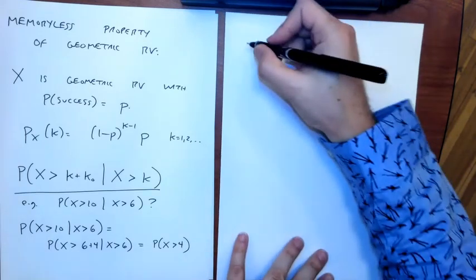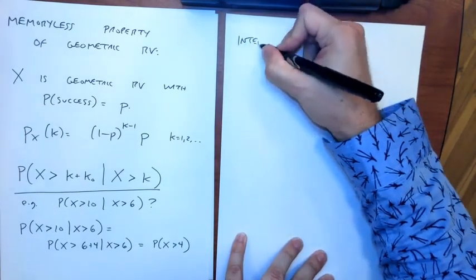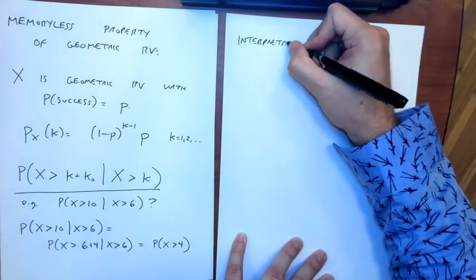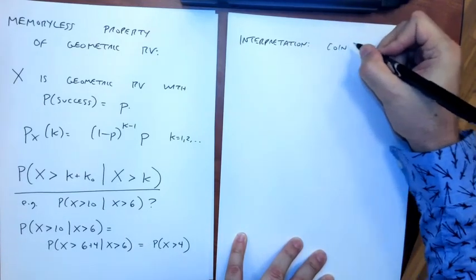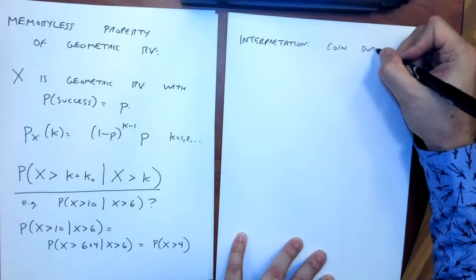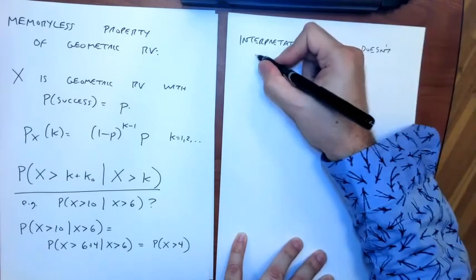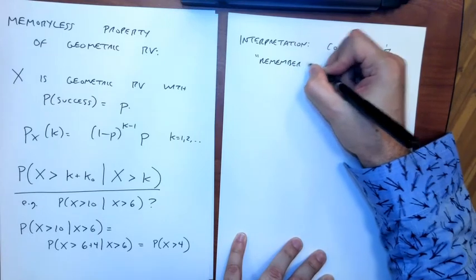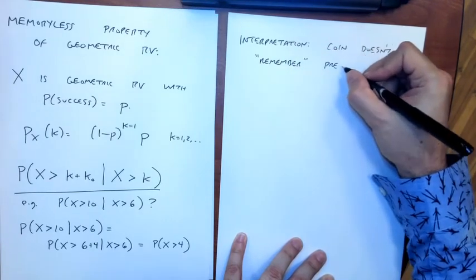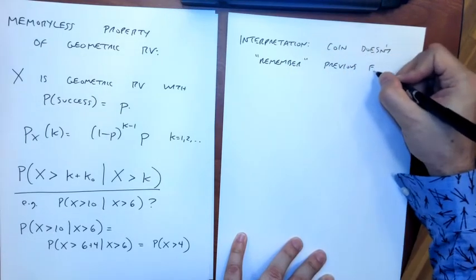So the interpretation of this is that the coin doesn't remember previous failures.